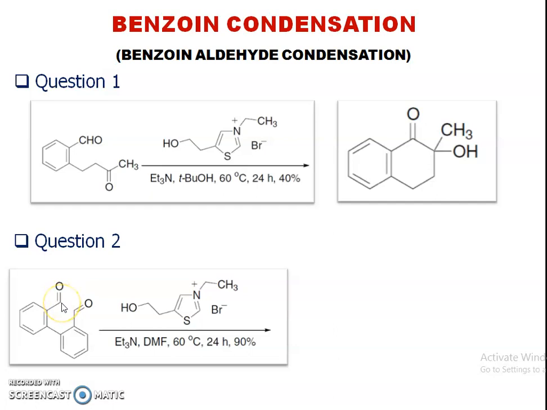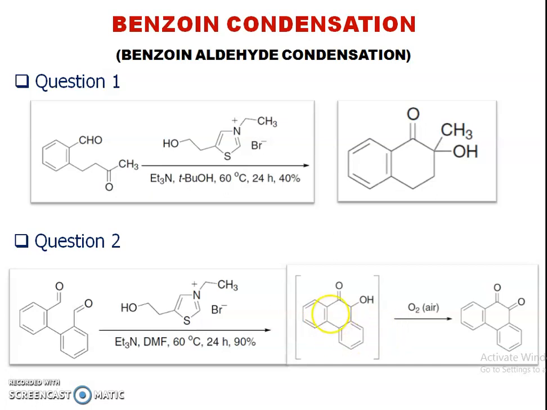Then that carbonyl reacts with the other carbonyl of the same molecule. Then it undergoes cyclization. Your final product will be this one, because this is unstable on reacting in the presence of air. This hydroxy becomes a carbonyl. This is the final product.